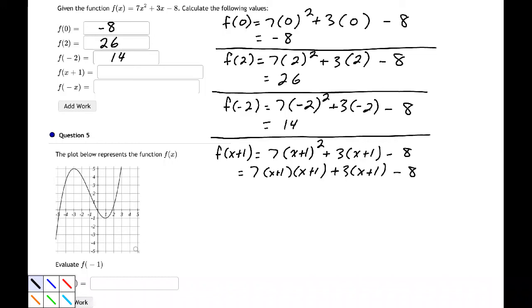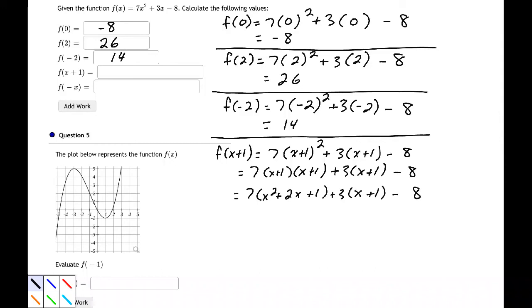Now, I'm not going to go into all the detail on the foiling, as we would call it, for x plus 1 times x plus 1. But if we double distribute there, that becomes, in parentheses, x squared plus 2x plus 1. So that's 7 parentheses x squared plus 2x plus 1 close parentheses plus 3 multiplied by x plus 1 in parentheses minus 8.